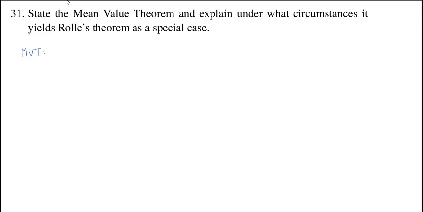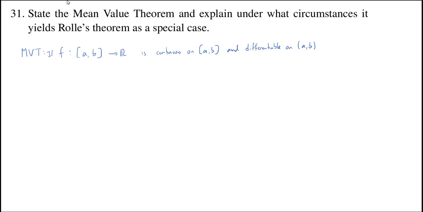So mean value theorem, we're going to start with a function defined on some closed interval AB, and we're going to assume that it's continuous on the entire domain AB, and differentiable except possibly at the endpoints. So differentiable on the open interval AB.